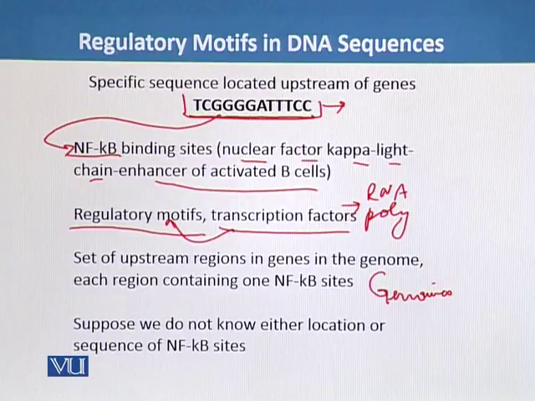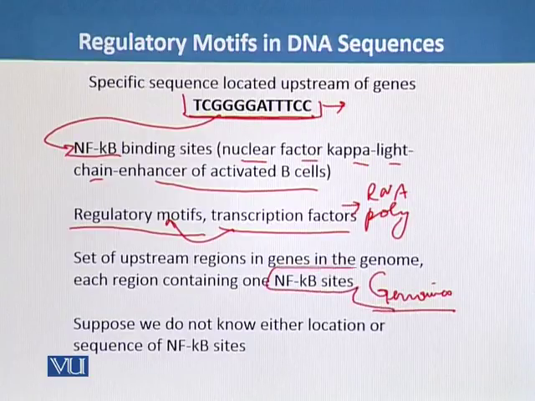The sequences that are repeated many times have some message in them, just like these NFKB specific binding sites. After the genomic studies, scientists can find sites like these, and they can also determine the location of these sites.